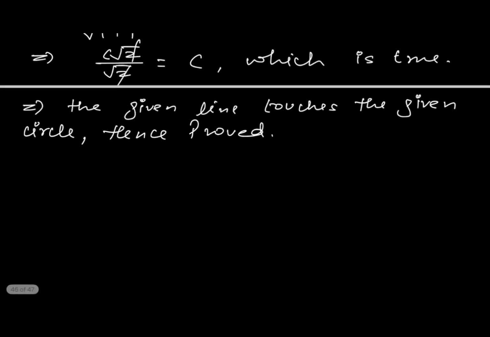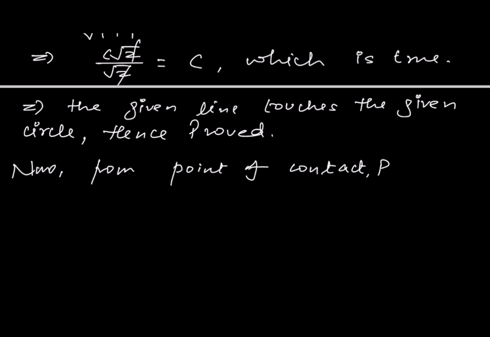Now we have to find the point of contact also. So from the point of contact P, which we have found, minus ma upon root over 1 plus m square comma a upon root over 1 plus m square.